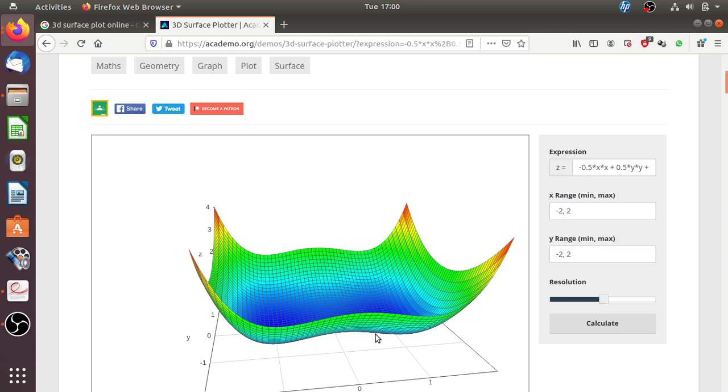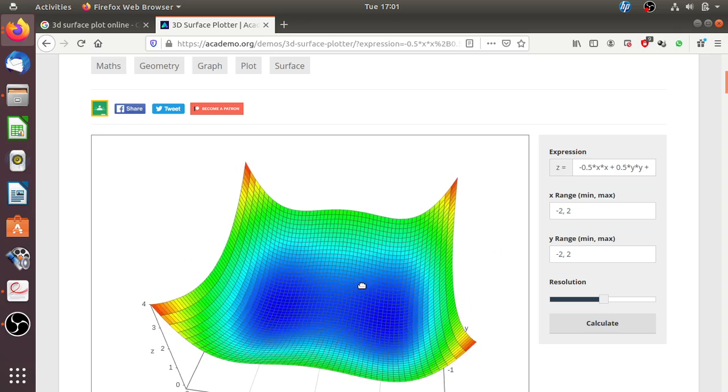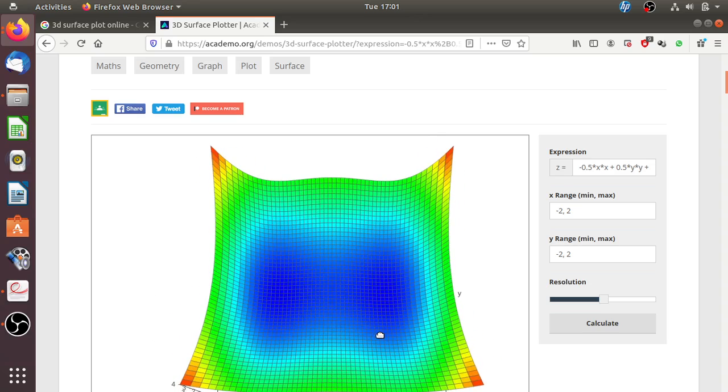This is the energy function or energy surface. If you see, this blue color represents how deep it is, or how low it is, and the red one represents how large the z value is. This represents how small the z value is.